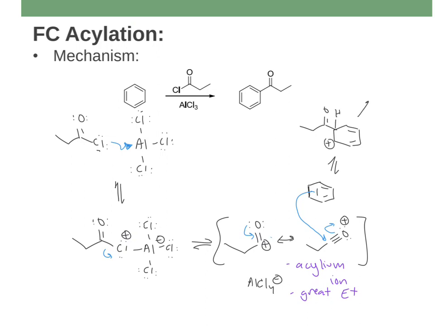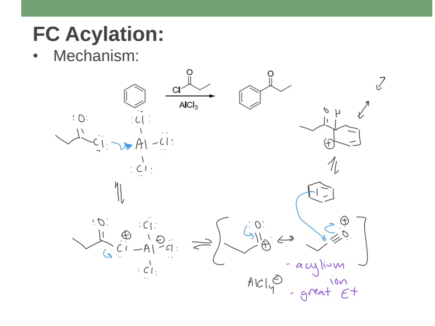So I get that intermediate. We have our 2 other resonance structures, and then you lose a hydrogen to get your product. I'm not going to draw it again. You've seen the electrophilic aromatic substitution drawn by me like 4 times or something by now at least. So same thing, and that's how you get your product.